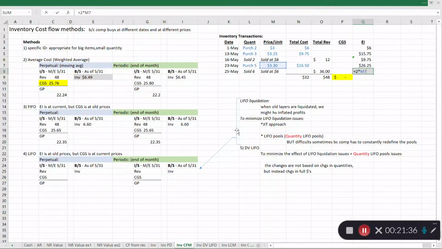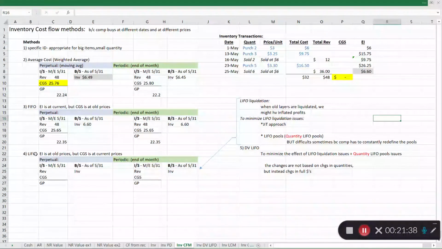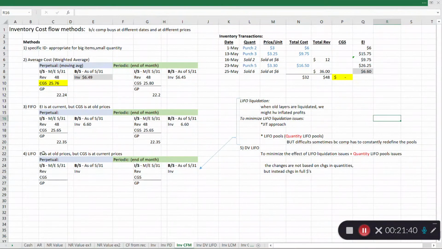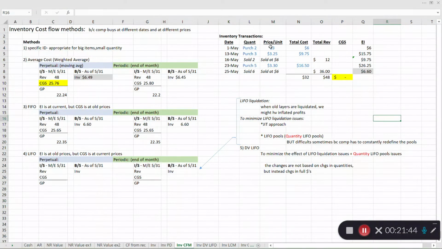Now, when you jump over to LIFO, that's going to be the opposite. Ending inventory is now going to be based on the older prices, like the 3. And then cost of goods sold is going to be based on the more current prices. So let's go ahead and see how that works. So if I'm using LIFO perpetual, then I start out the same way.